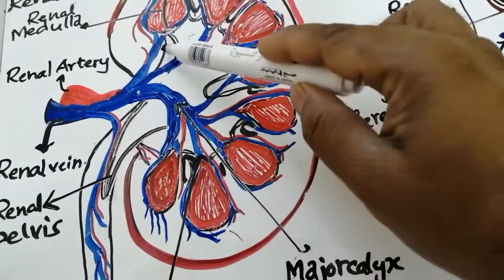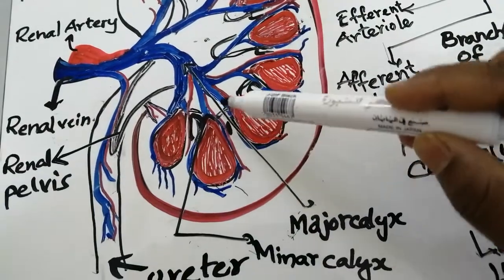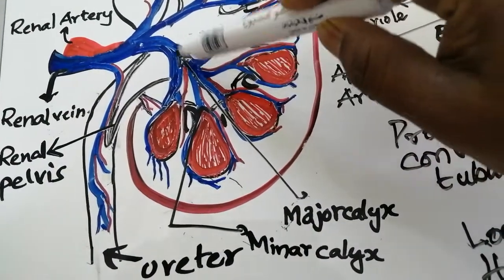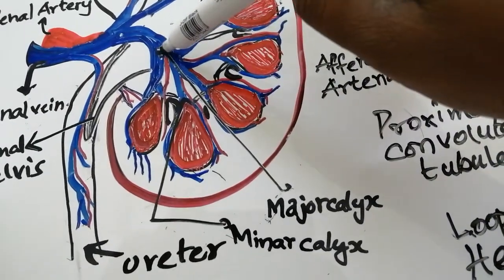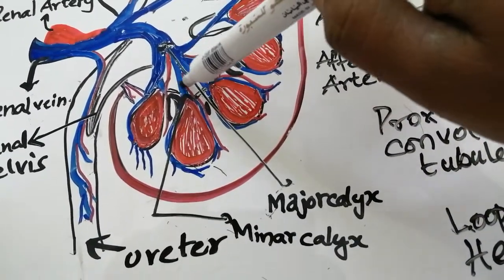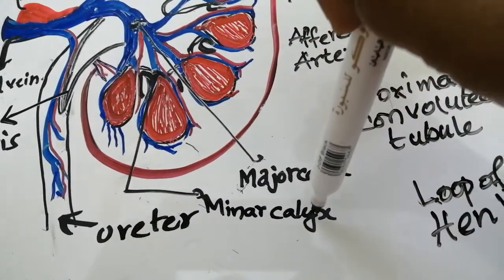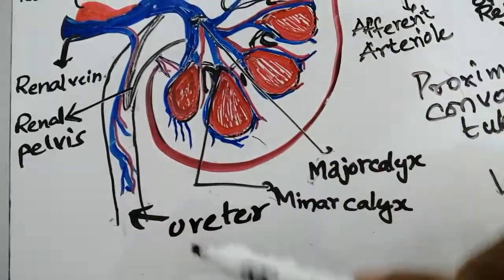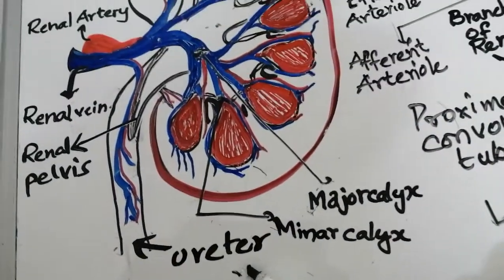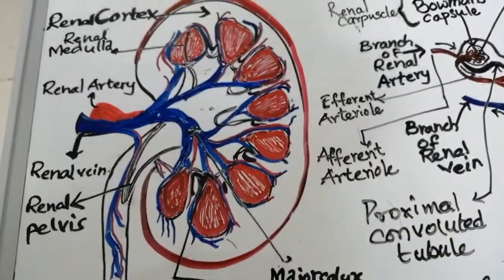Here this part is the major calyx, and the thin ones we call the minor calyx. The ending part is the ureter. So this is the labeling for the kidney.